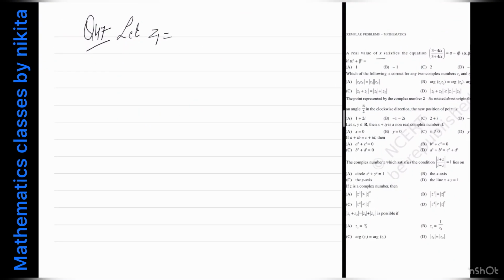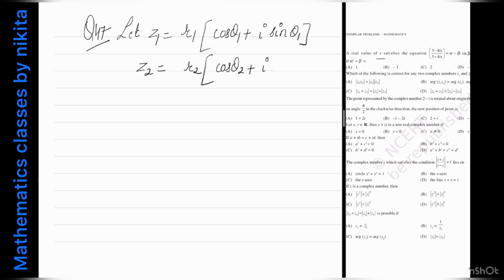So start with, let z1 equal to r1. तो आप देख सकते हैं ऑप्शंस के अंदर आर्ग्यूमेंट की बात की जा रही है, मॉड की बात की जा रही है, तो हम स्टार्ट करते हैं पोलर फॉर्म से. सो लेट z1 इक्वल टू r1 cos ऑफ थीटा 1 प्लस आयोटा साइन ऑफ थीटा 1, z2 इक्वल टू r2 cos of theta 2 plus iota sin of theta 2.